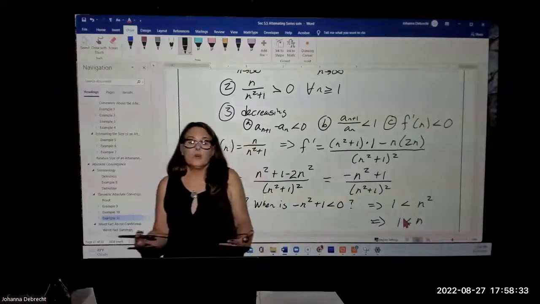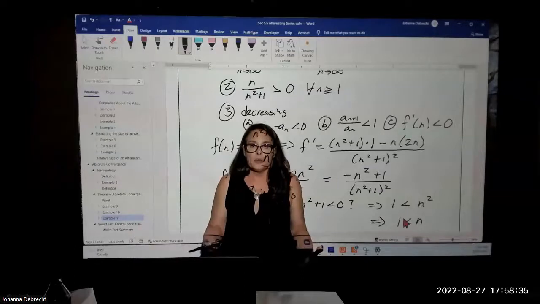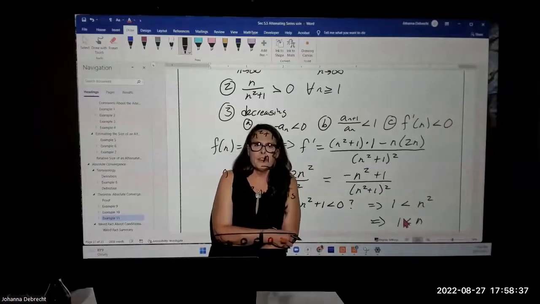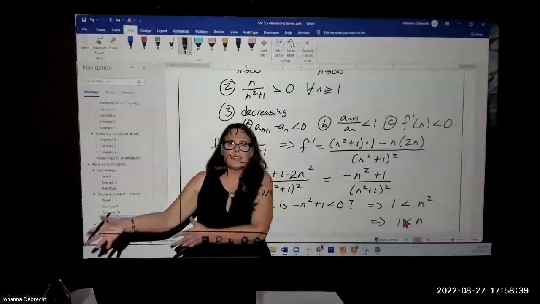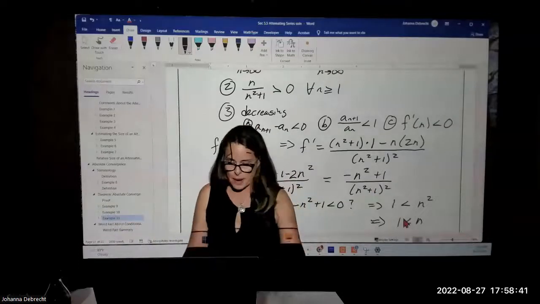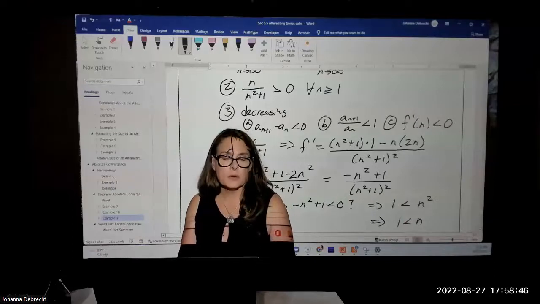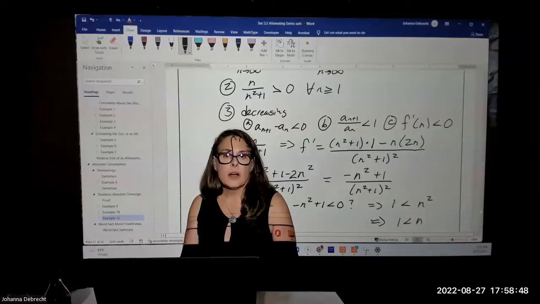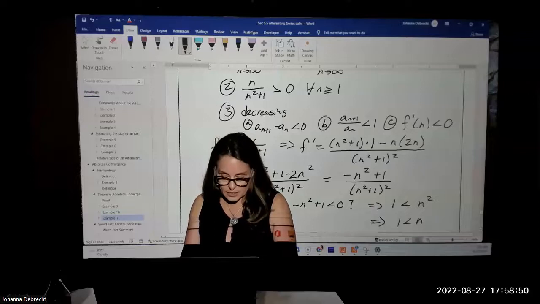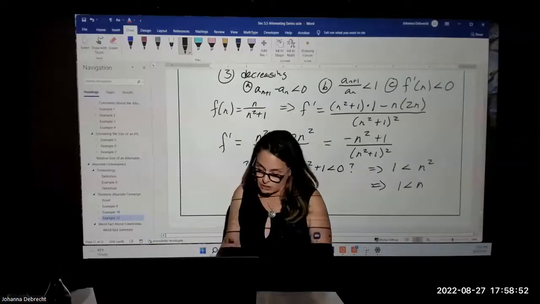So choose n equal 2. Start at 2. So, well, what about the first term, you say? Fine, chop it off, set it aside. Start at 2 and go to infinity. I meet all 3 conditions starting at least at n equal 2. So therefore, by the alternating series test, it is conditionally convergent.